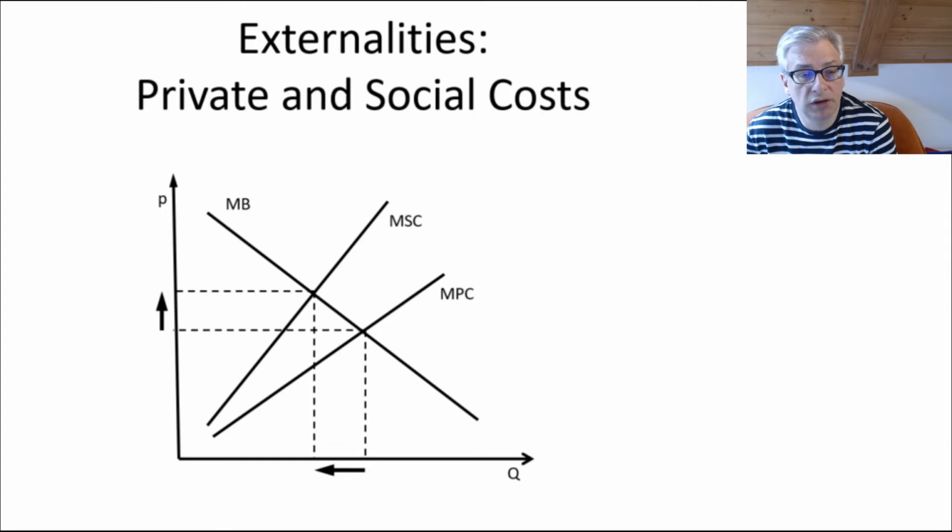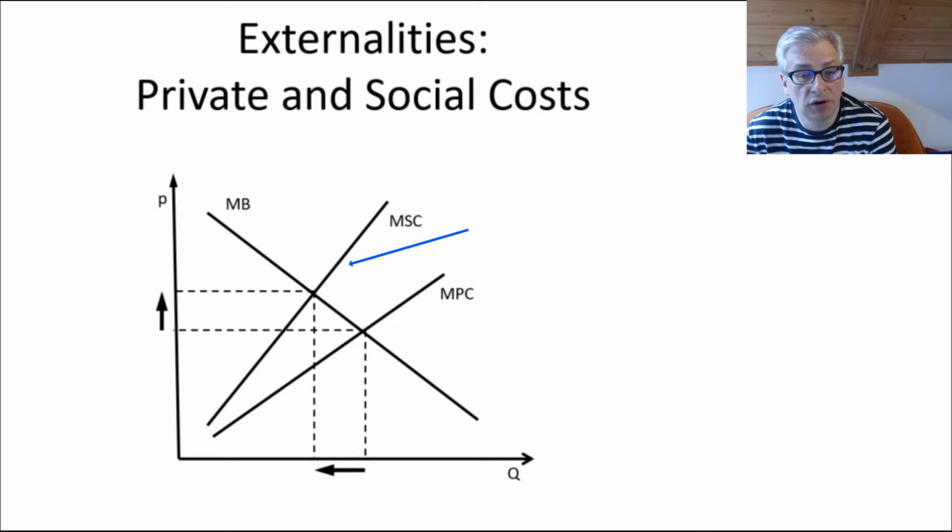But there are some other costs connected with the pollution of the river. When we look at the pollution generated by this business, we see people who have to treat their water before they can drink it. So these are also costs of production, but those costs are not paid by the business, they are paid by someone else.